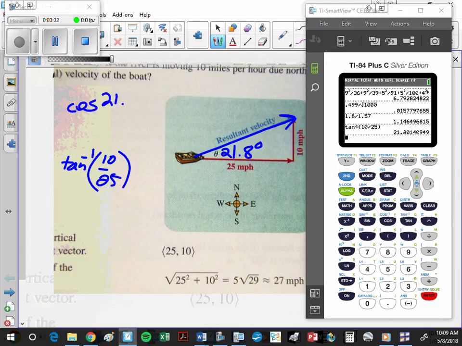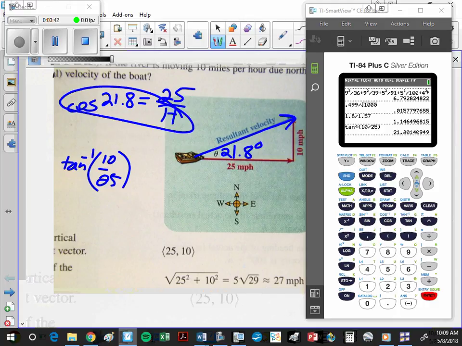Cosine of 21.8 equals 25 over h. Is this a multiplier or a switch? Switch. So 25 divided by the cosine of 21.8.